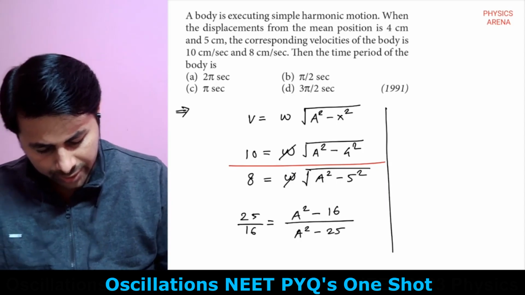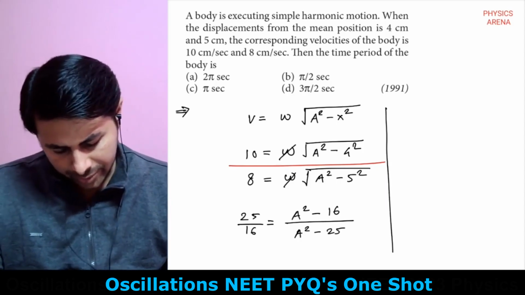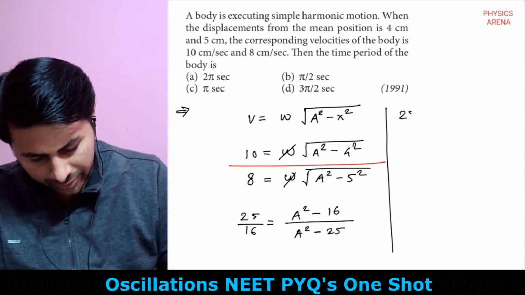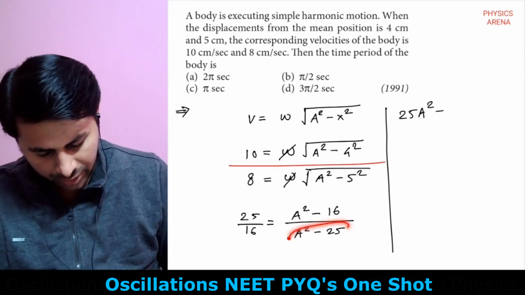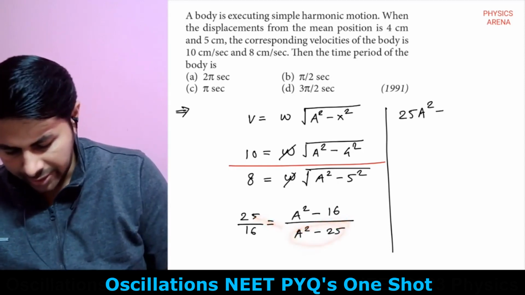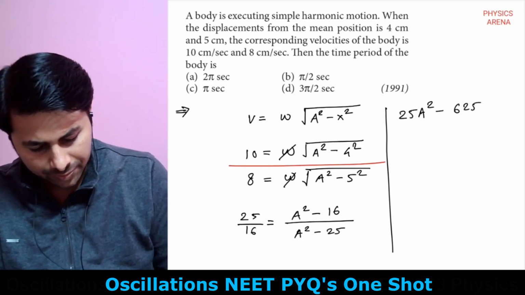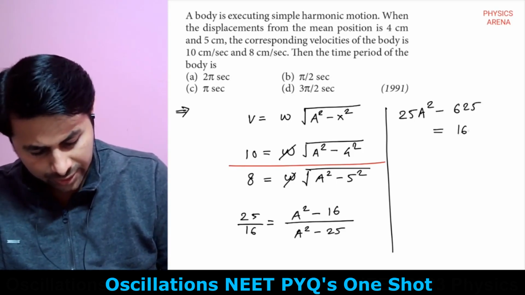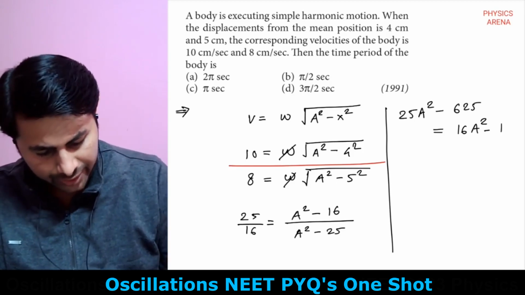So from this we can find out a, right? Multiplying, it's 25a square minus 625 equals 16a square minus 16 times 16, 16 square.